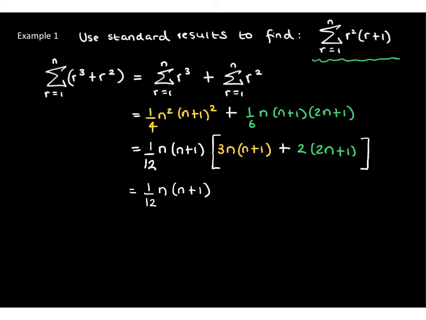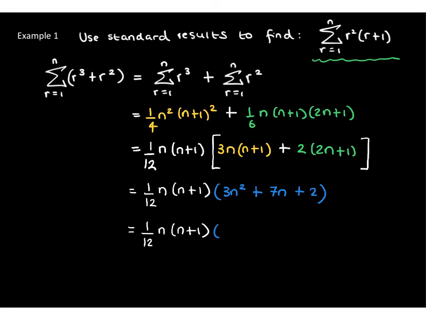So that gives me 3n squared plus 7n plus 2.